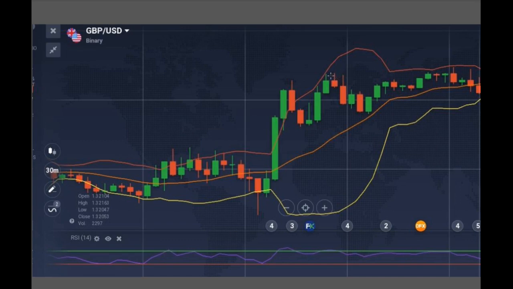Always wait for price to go back and touch the upper body of the confirmation candle. And as soon as price touches the upper body, you place your trade, a 30 minutes trade.